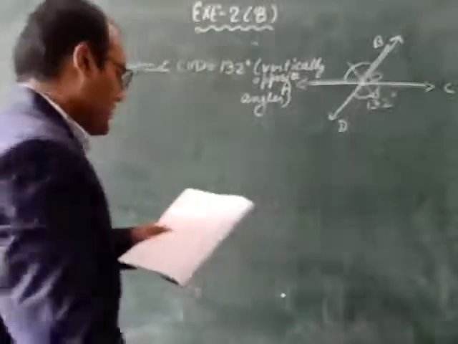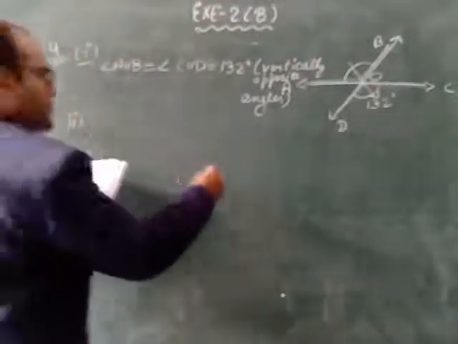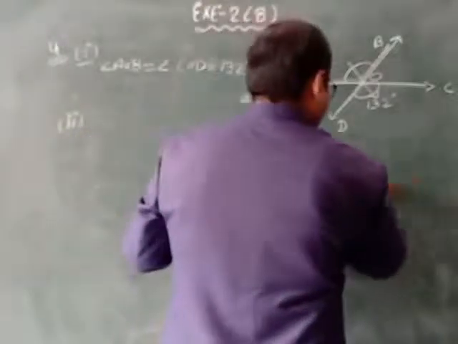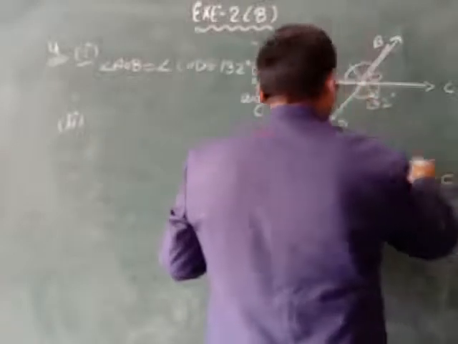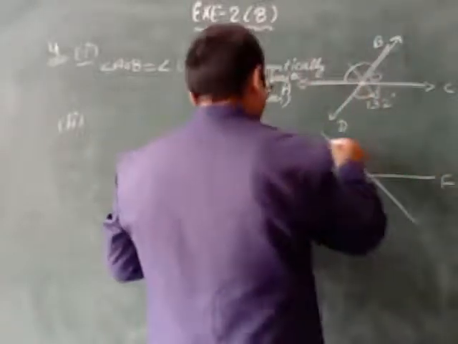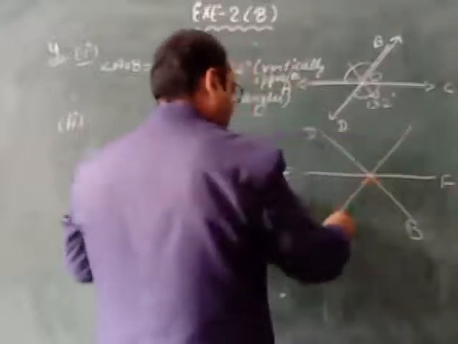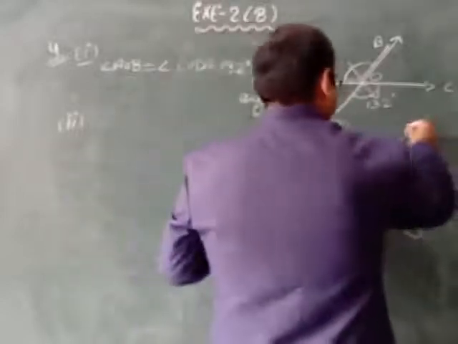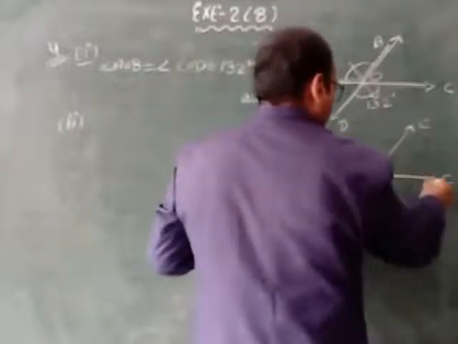Now part number 2nd. Second part, figure is given. E, F, D, B, C, A. This is the figure given in the question.